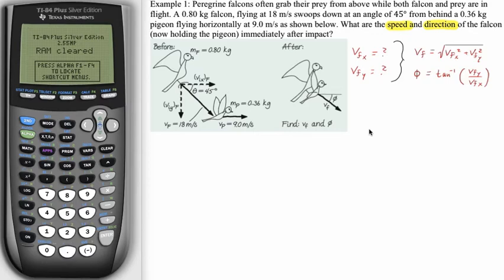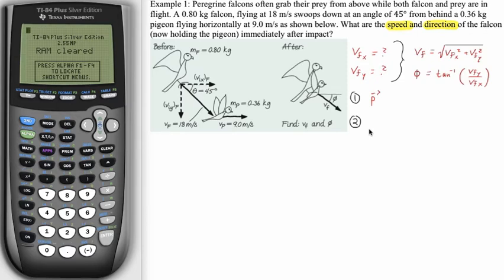Okay, so then we have two unknowns, and we're going to have two equations that are going to allow us to solve this problem. Those two equations are going to be conservation of momentum in x and y. So we're just going to have the conservation of momentum using the notation of the problem.